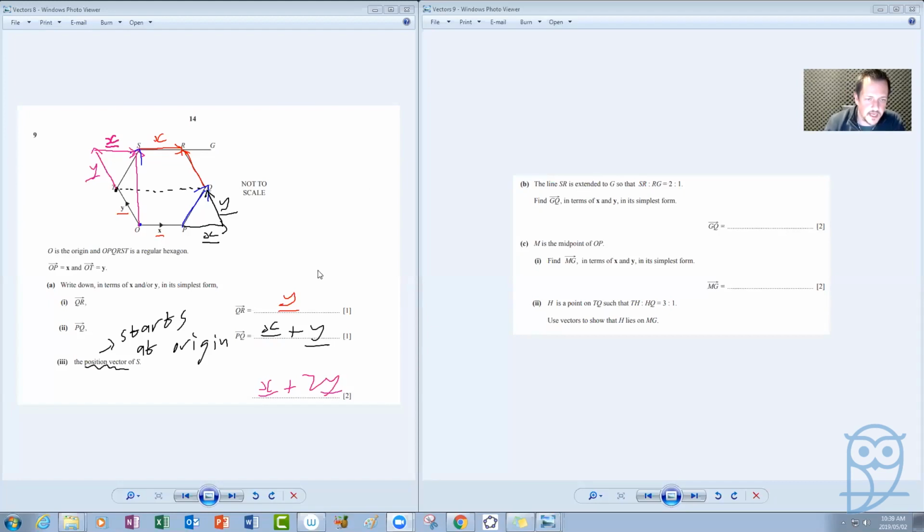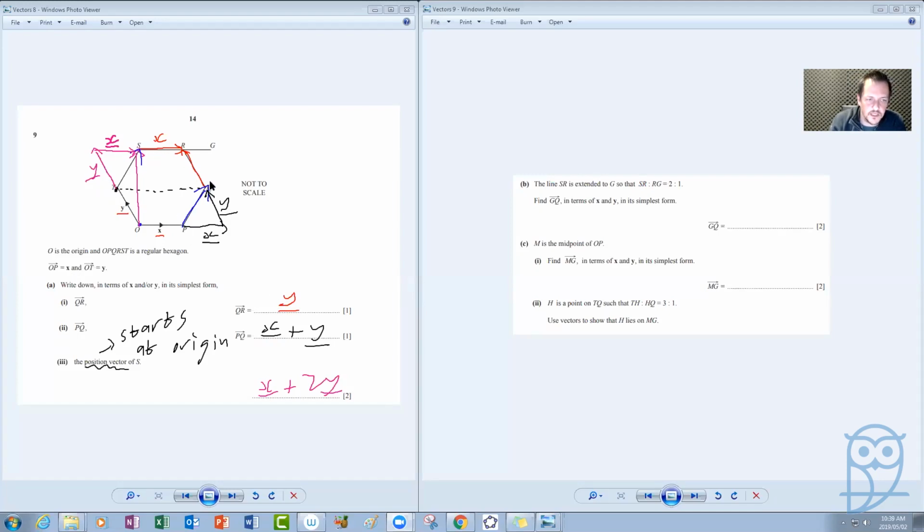So last time, if you remember correctly, we had this diagram. And what we were doing is that we found out PQ, QR. So there's my Q, there's my R, and that was that vector over there, which is the same as this one, OT, and therefore it is just Y. PQ, well, from P to Q, that's that vector there, which is the same as that one.